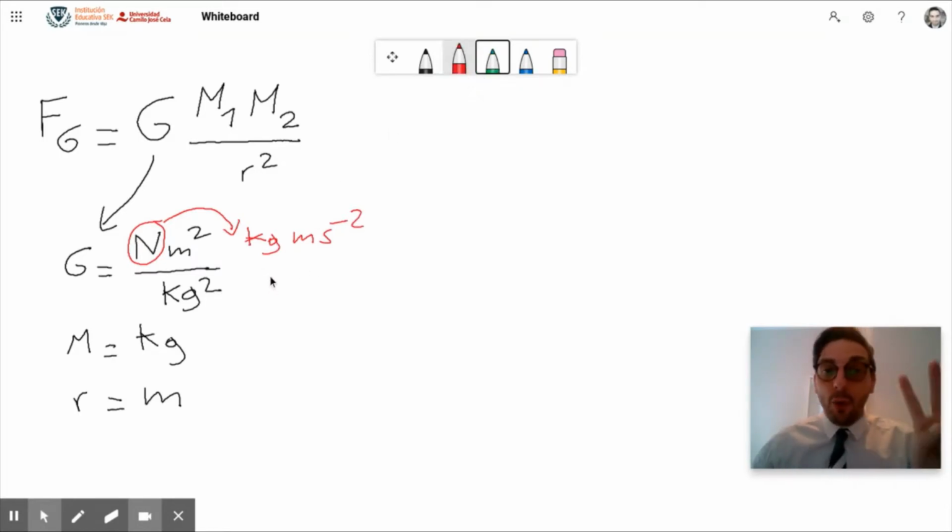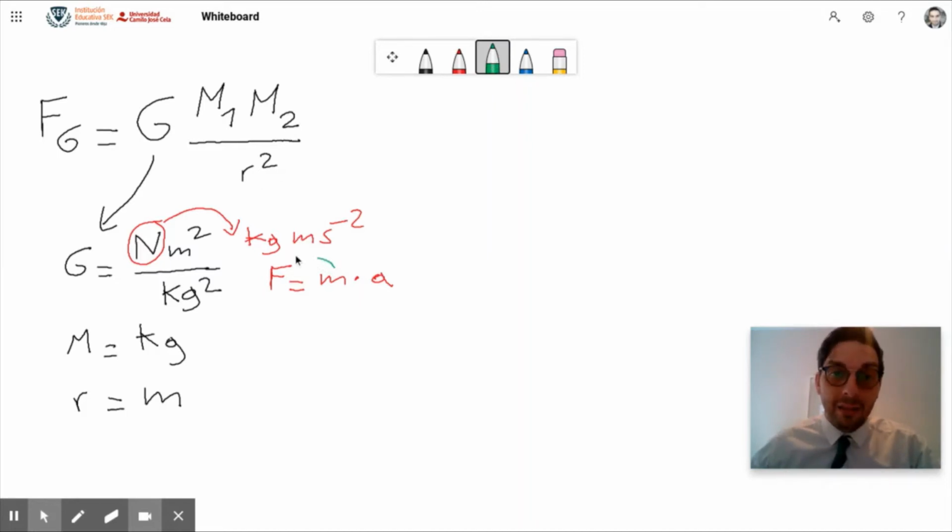Following the second law of Newton, we have that force equals mass times acceleration. Now we know mass is going to be kilograms, and meter over second square is going to be acceleration.